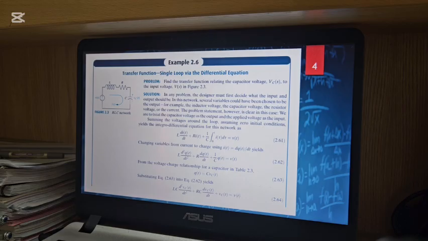We will take the relationship from the table and substitute it in this solution, and we will have LC d²vC(t)/dt² plus RC dvC(t)/dt plus vC(t) equals v(t).